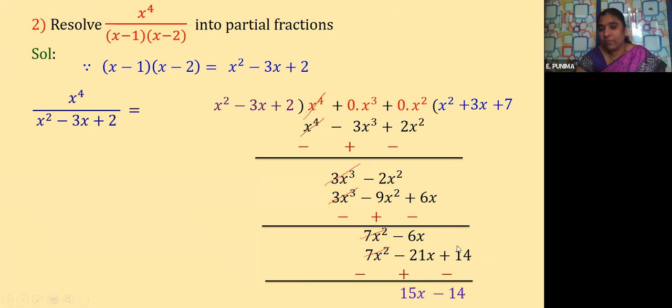What are we getting here? 21 minus 6 is 15x minus 14. So what is the remainder we got here, children? 15x minus 14. So I'm writing here once: what is the remainder r of x we got? 15x minus 14.